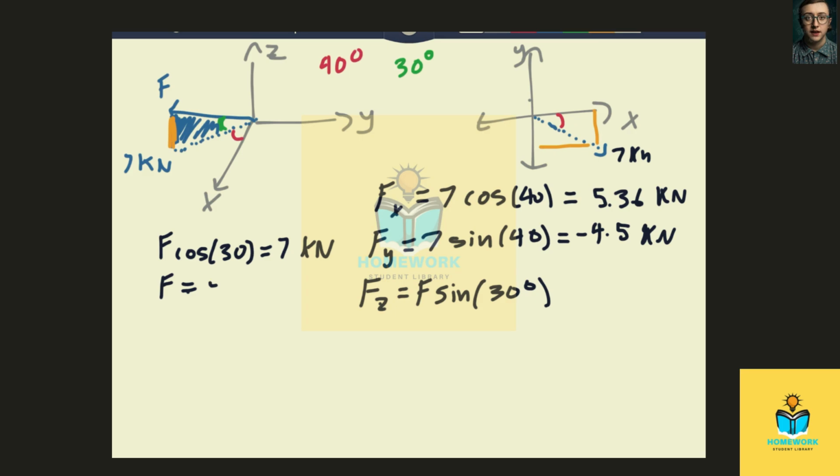So we divide both sides by cosine of 30, and we get an f magnitude of 8.08 kilonewtons. Now that we have this, we can move back to our fz, and we can determine that fz is equal to 4.04 kilonewtons. And that's just determined by plugging in the f that we left for a little bit later.